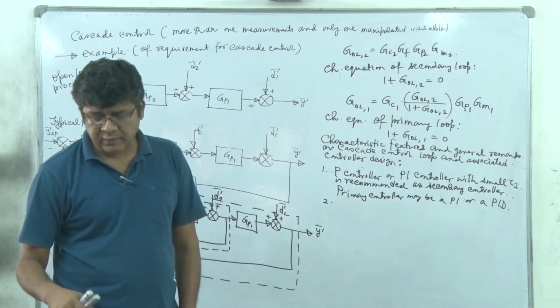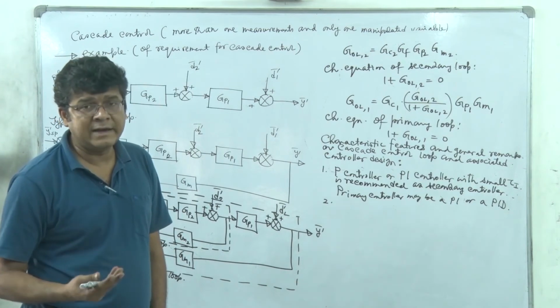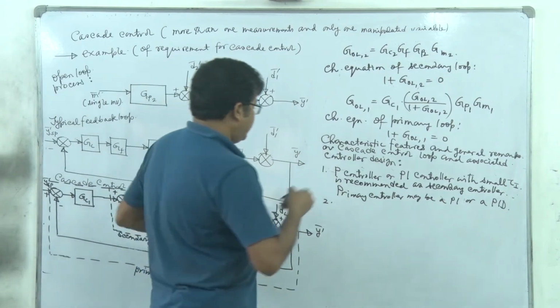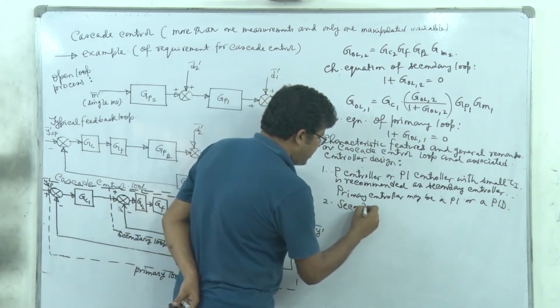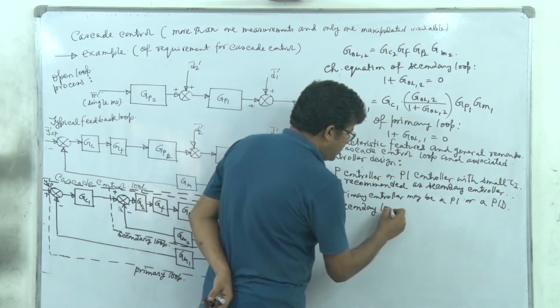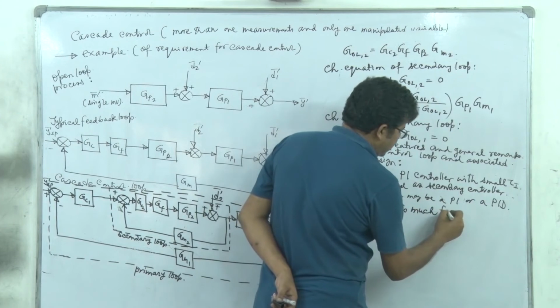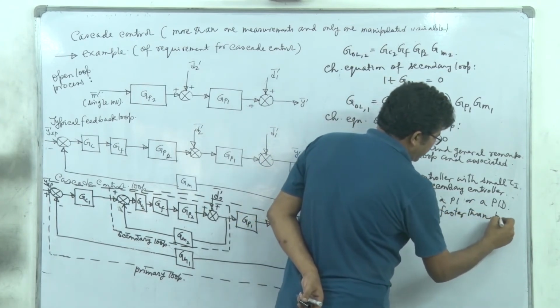So crossover frequency basically in the secondary loop will be much higher than that of the primary loop, right? So you see that the secondary loop is much faster than the primary loop.